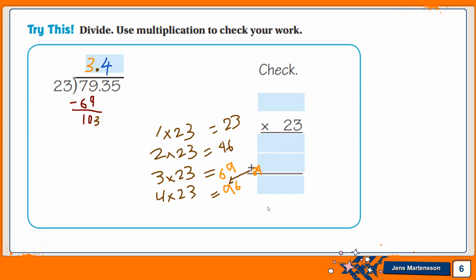Sorry, so 79, the number less than it is 69. So 69 is 3 times what? 23. Now let's go back here. What is the number that you multiply by 23 to get 69? 3. You write 3 up.